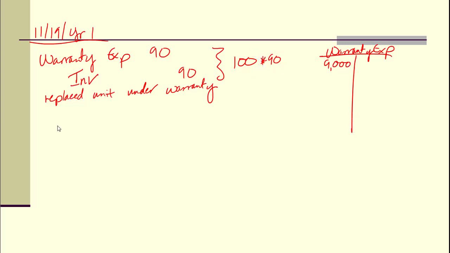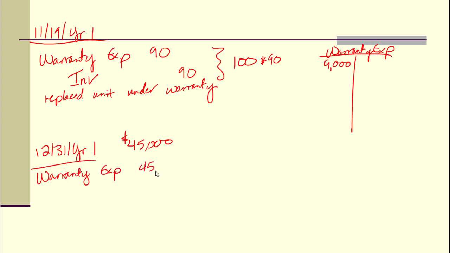Now the next thing that happens is on 12/31, I make that estimate that I'm going to spend, we said, $45,000 replacing other units that people bought during year one. So I'm going to record a warranty expense for that $45,000, and since I'm obliged to honor this warranty legally, it becomes a liability to me to replace these units. And we came up with a clever name.